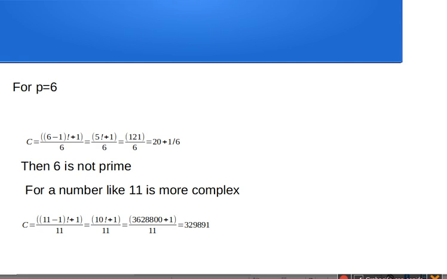Now you can see that according to Wilson, 11 is a prime number, but we are going to need to use a computer or a scientific calculator to get the value of C.